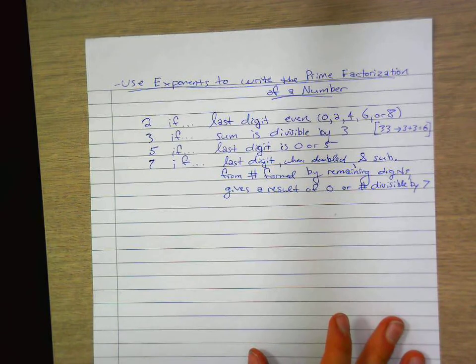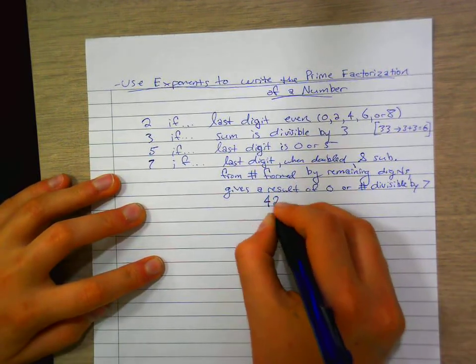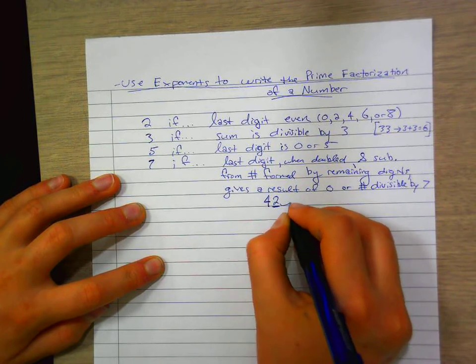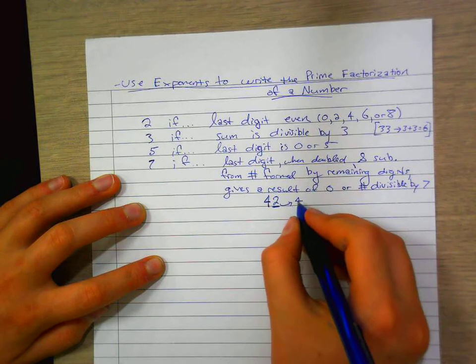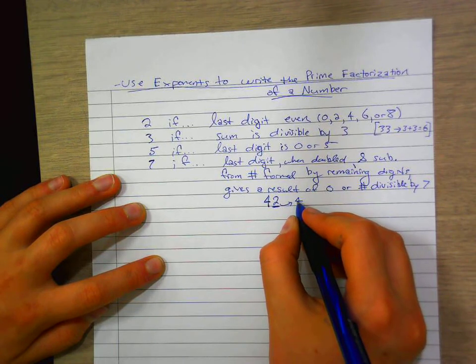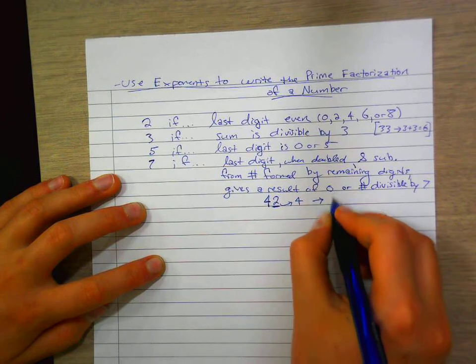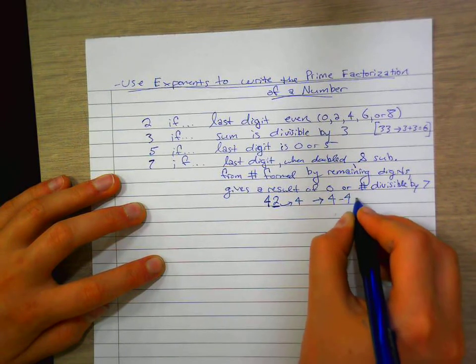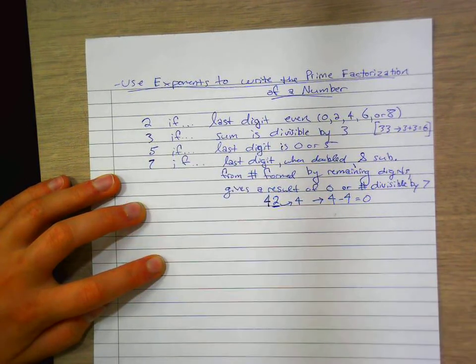For example, 42: we take the last digit, double it to make 4, and subtract it from the remaining digit, 4. 4 minus 4 equals 0. And that means 42 is divisible by 7.